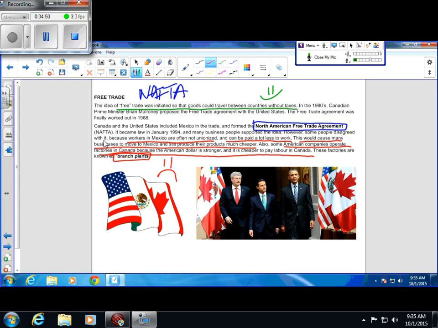So there's some pros and cons. There's the pro, which is the good thing about free trade, which is no tax. You can trade goods with no tax. But the bad side, this is the con.